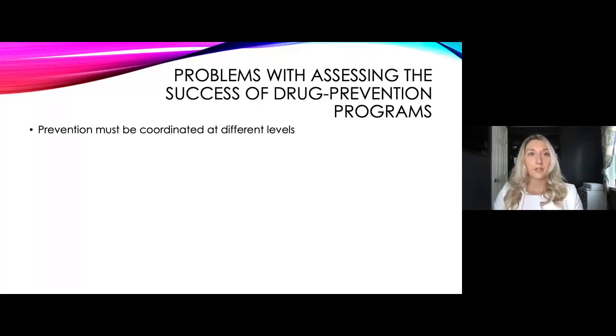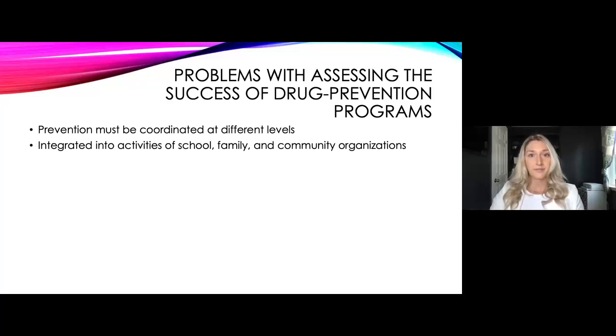So the text says that prevention must be coordinated at different levels. So if it's going to be effective, we can't simply give prevention programs to early childhood. We have to make sure that we're continuing it and continuing to reinforce those ideas up through college. They should also be integrated into activities of the school, family, and community organizations.